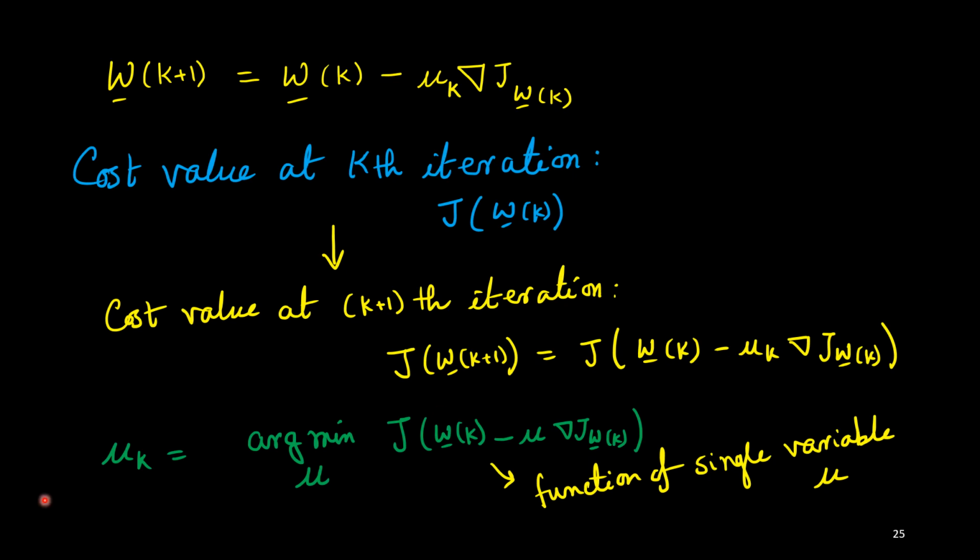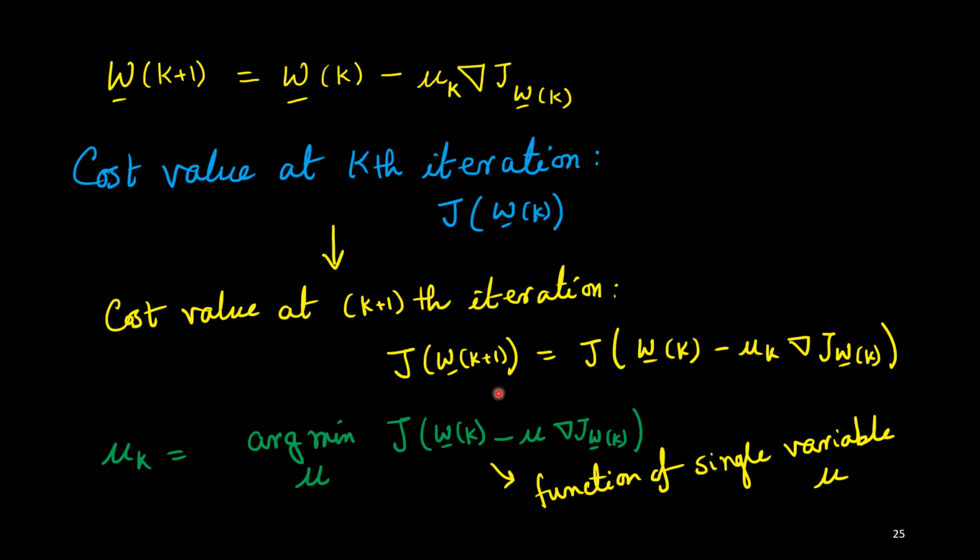So we can formulate it this way. Mu k is exactly the solution of the minimization problem of J of wk minus mu times the gradient of J at wk, the argument minimum for which this function is minimized over mu. That solution we will call mu k.